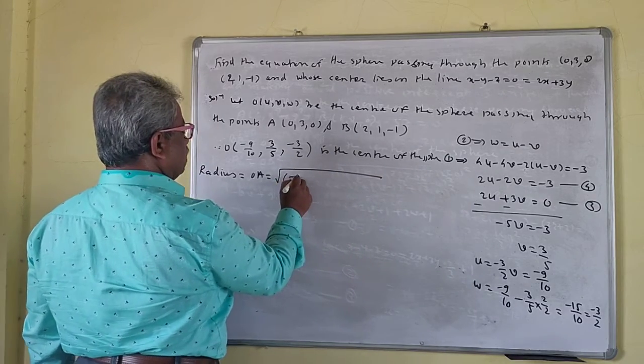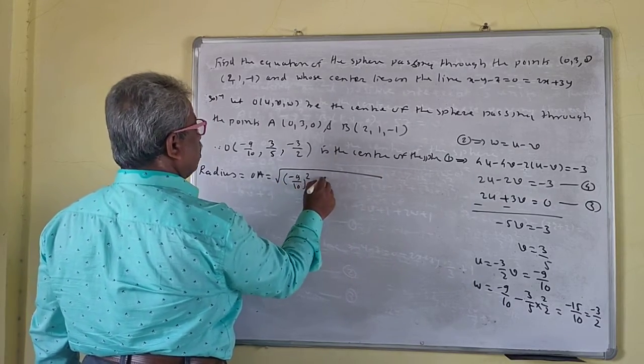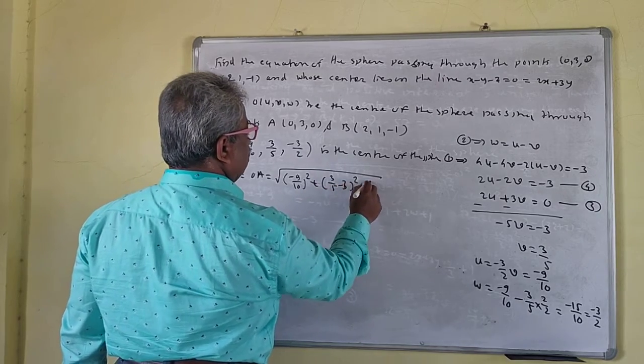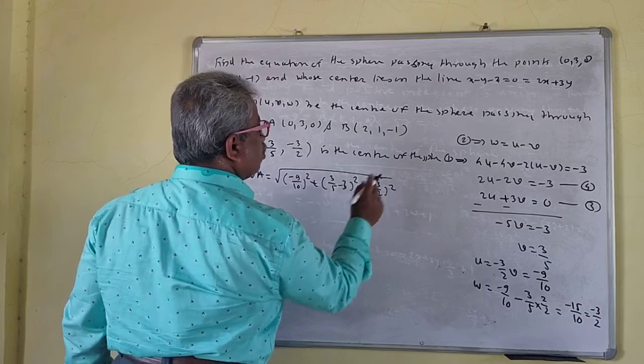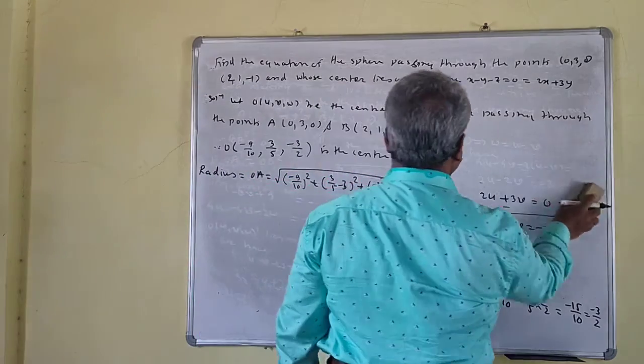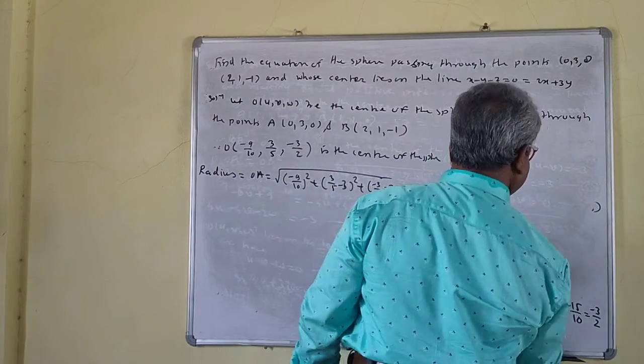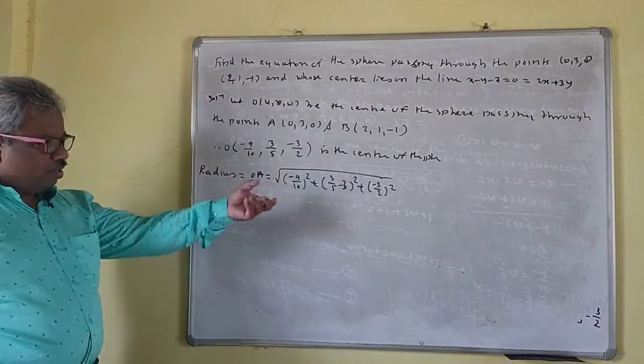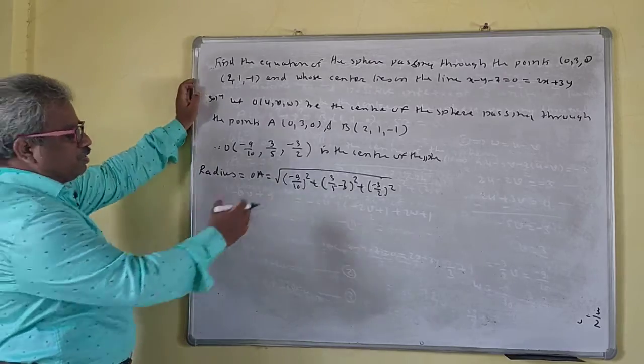OA is root of minus 9 by 10 bracket square, 3 by 5 minus 3 square, minus 3 by 2 square. We are not simplifying this. Will not evaluate this because no need to waste our time. Okay.